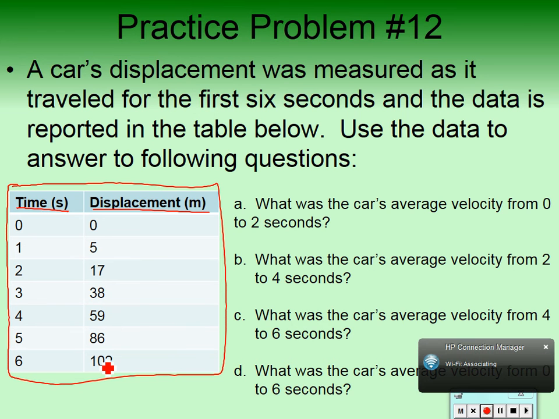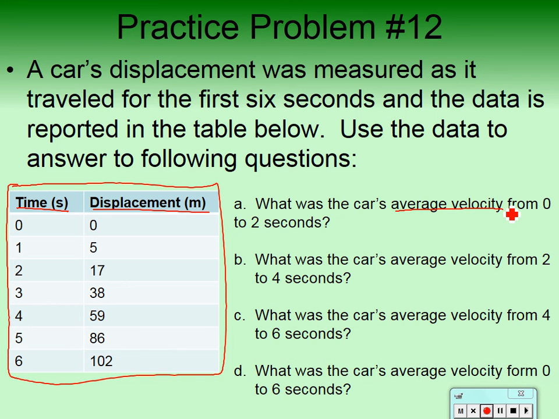Okay, so let's answer this question. On part A, it says, what was the car's average velocity from 0 to 2 seconds? If you look here, even part B is asking for average velocity. C and D are also. So let's write the formula for average velocity up here so that we can use it on each one of these.